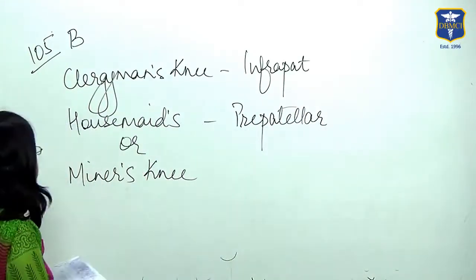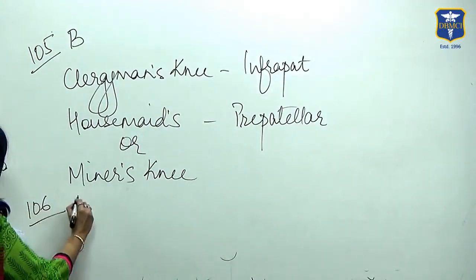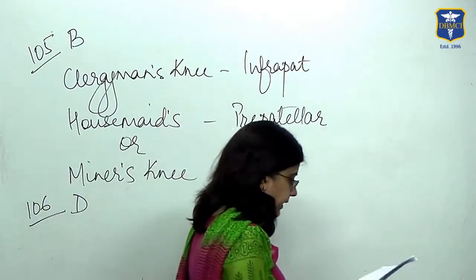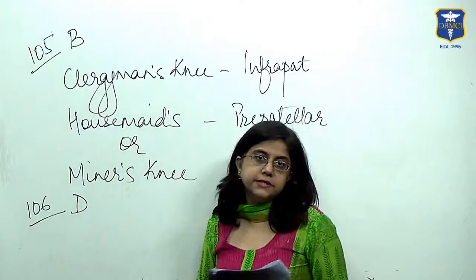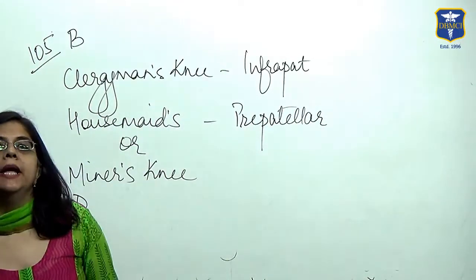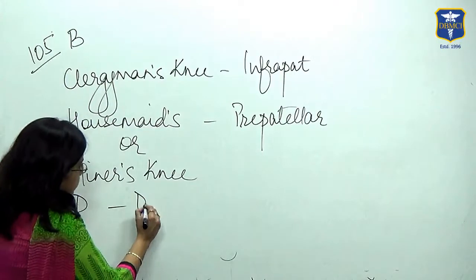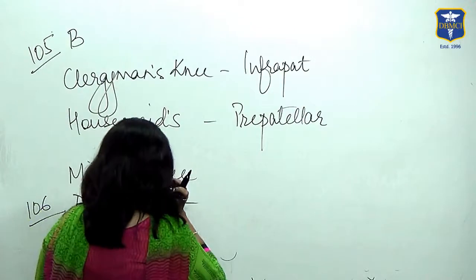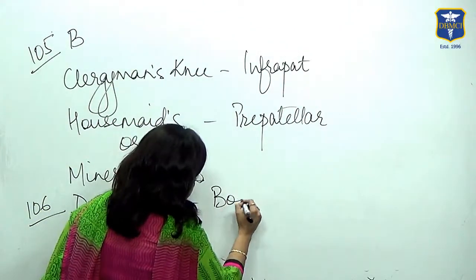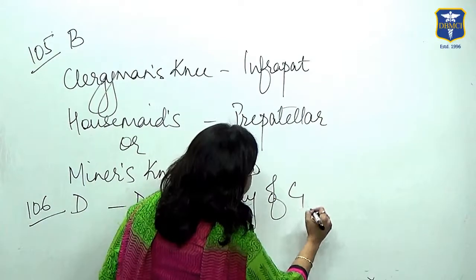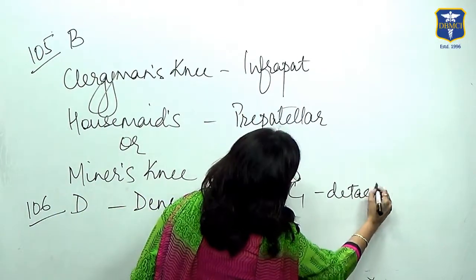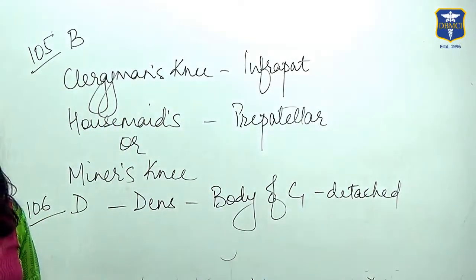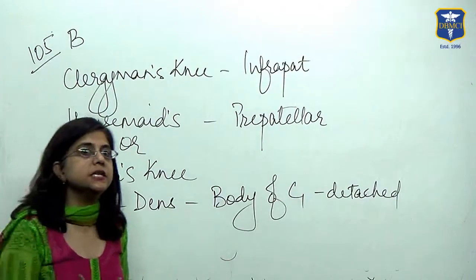Question 106, the answer is D. It is the odontoid process which is shown in the picture. It is also called dens. This is actually the body of C1 vertebra which has got detached from the C1 vertebra and it has got fused with the body of C2 vertebra.